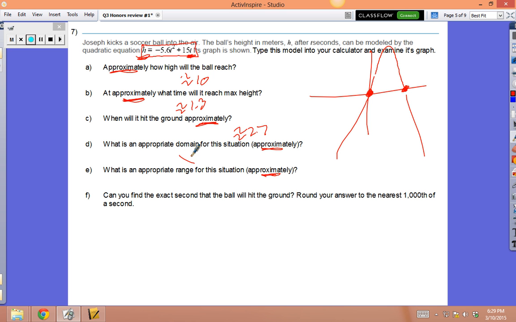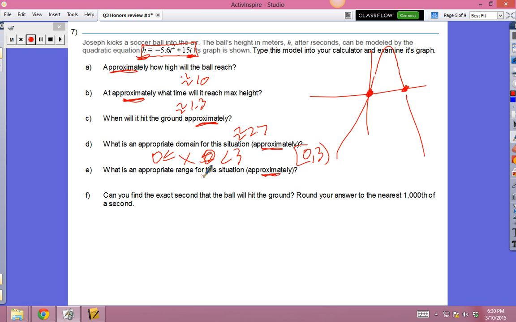So your domain, the x-axis, is sandwiched somewhere. It's smaller than 3, but it's got to be greater than or equal to 0. So from 0 to 3, if you're using interval notation, include 0, put it in a bracket, and 3 is parentheses.